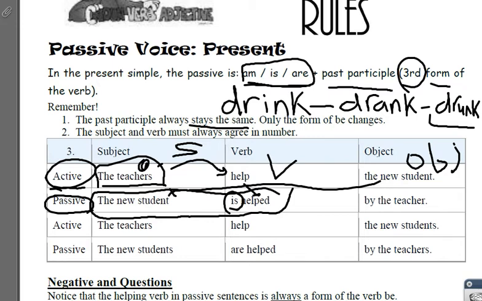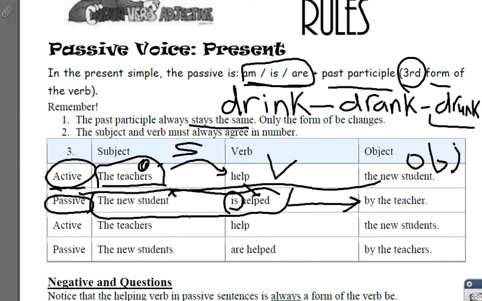And to know the difference between those two sentences, you have to ask yourself, who helped the students? If you don't find an answer to that question, you have to know for sure it's a passive sentence. The new student is helped, and we can add by the teacher.